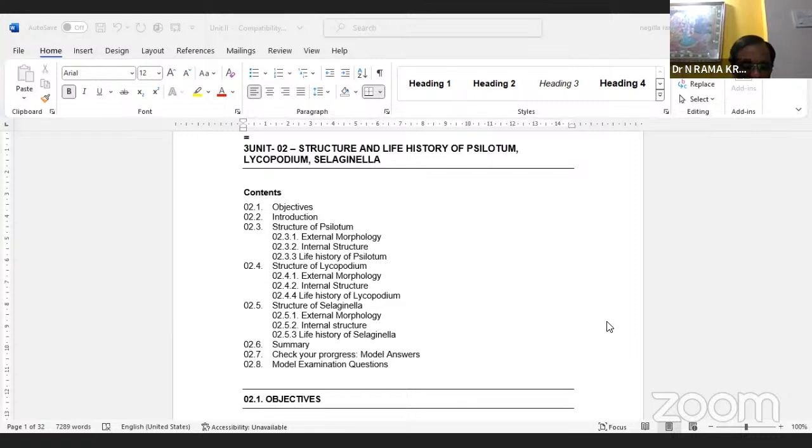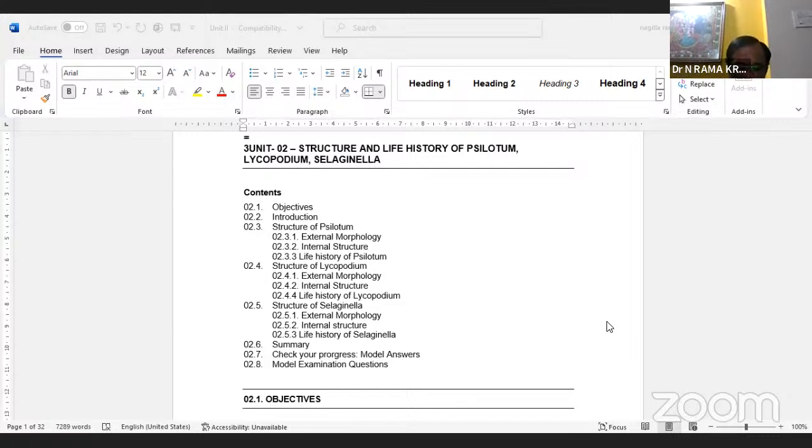So generally, how many types of siphonosteles are there? Siphonosteles are of two types: one is ectophloic siphonostele, and the second is amphiphloic siphonostele. What is an ectophloic siphonostele? Here the pith is surrounded by a xylem cylinder, which in turn is surrounded by a phloem cylinder.